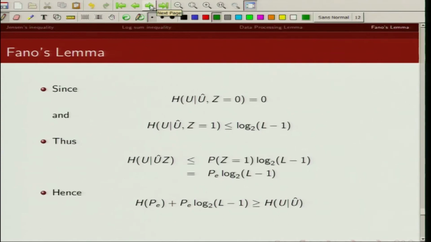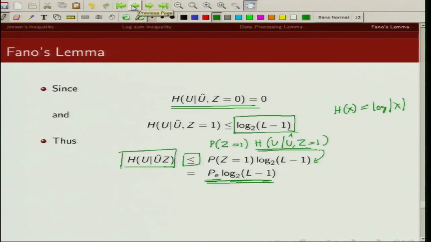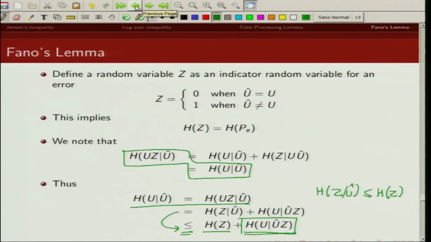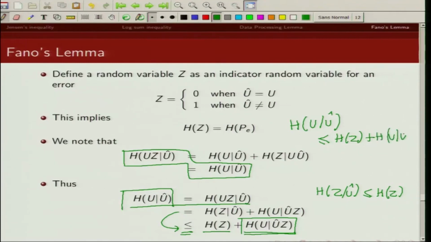So again, let me just go back. We had this expression, right? H(U given U hat) is less than or equal to H(Z) plus H(U given U hat and Z). We have shown H(Z) is given by H(p), and we showed that this quantity is upper bounded by p log of L minus 1.